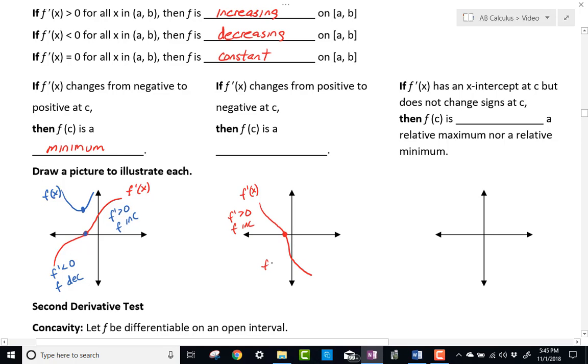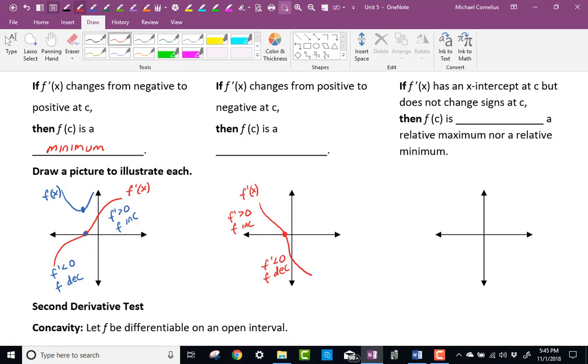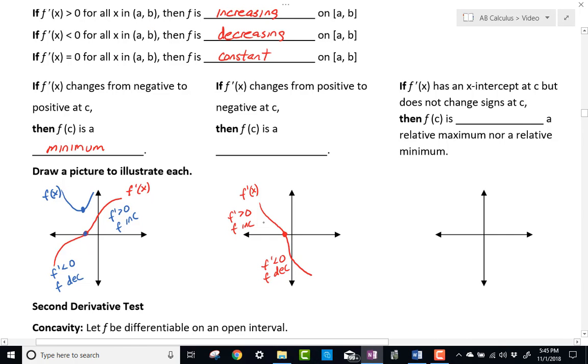And down here we have f prime less than 0, which tells me that f is decreasing. So now f is going from increasing to decreasing, so I would have to have some sort of a max. So f might be doing something like this, up and then back down like that with a maximum right here.